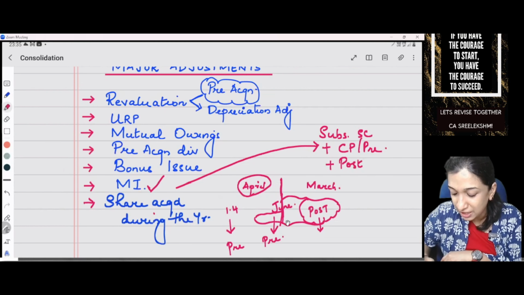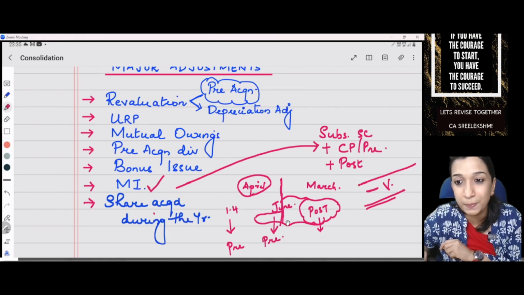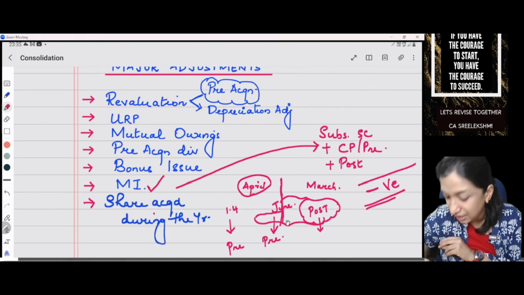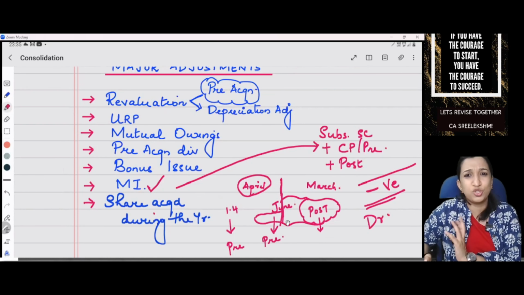But if the subsidiary company is making losses, the minority interest balance cannot be negative or a debit balance. If there is a debit balance for minority interest, it will remain unabsorbed by the minority, and is to be absorbed by the holding company.